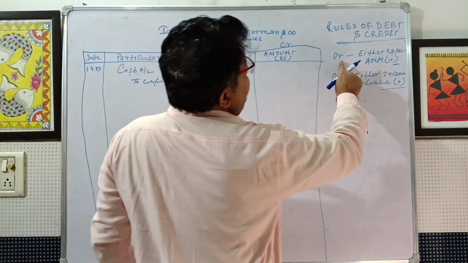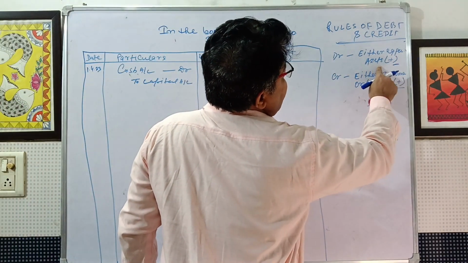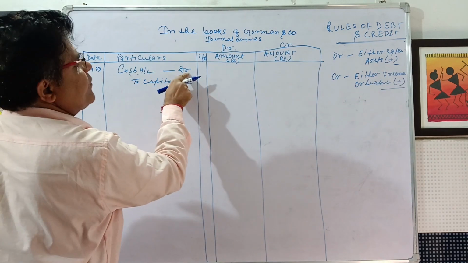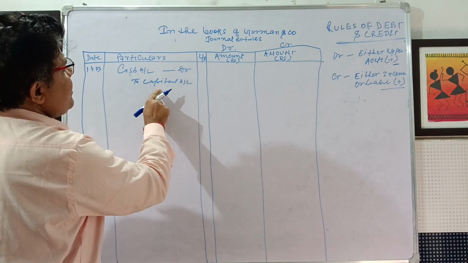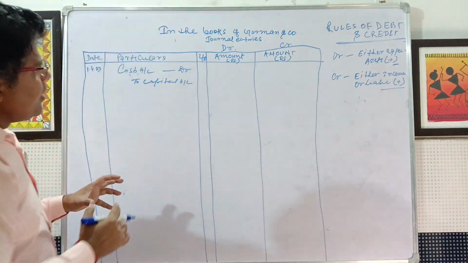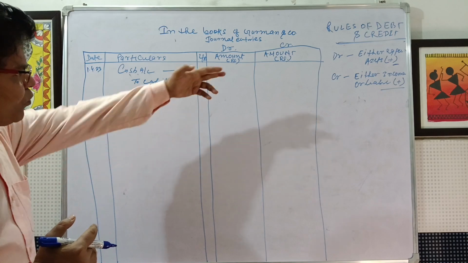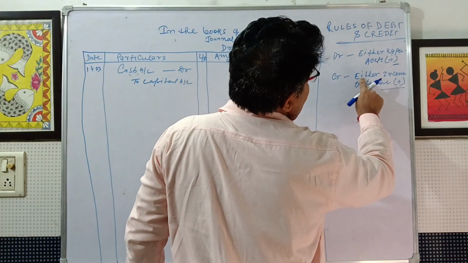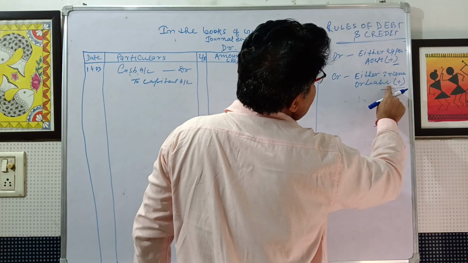So debit means either expenses or assets, plus. So if plus, then debit. So cash account debit. And capital is the liability, because Gurman gave money to Gurman and Company. So to capital account, that is either income or liabilities.